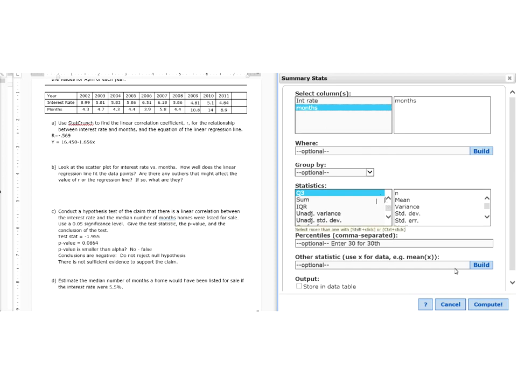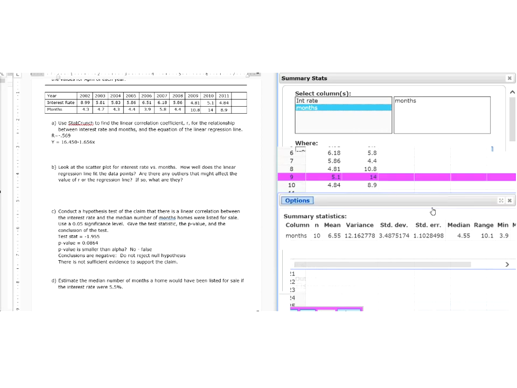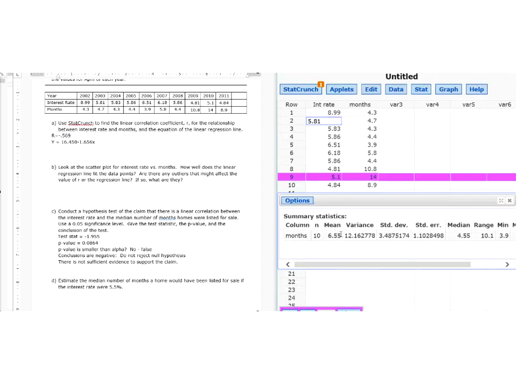If we just leave everything like it is here and do Compute, it's going to give us a whole bunch of other information, but it gives us what we want, which is 6.55 for the mean. So the only estimate we can make for the mean is just listing the average of the number of months. So that would be our estimate.